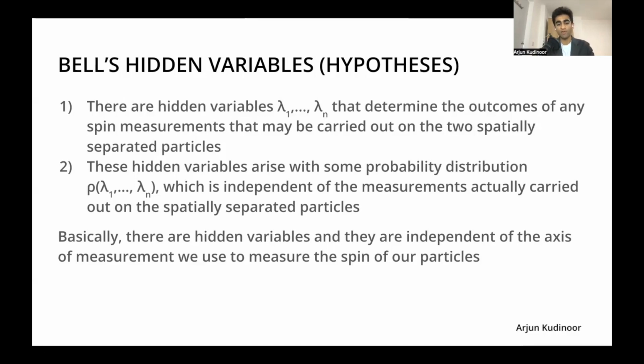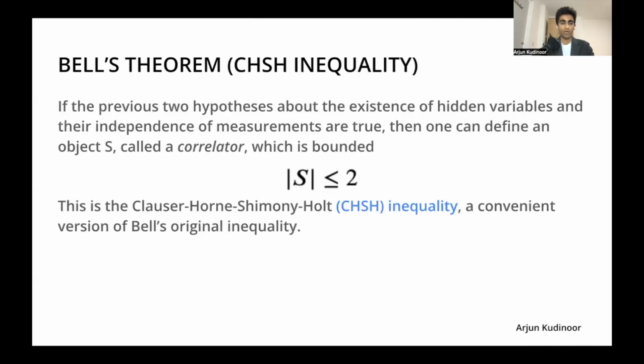Okay, so we have hidden variables. They're independent of the choice of axis of measurement. Simple enough. If we take these two hypotheses to be true, then we can define an object called the correlator, S, which is bounded.